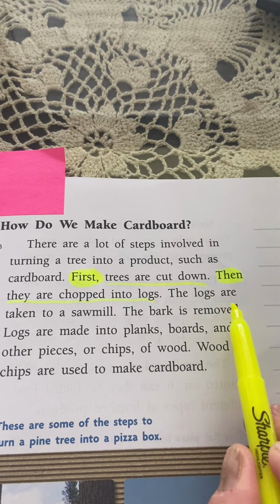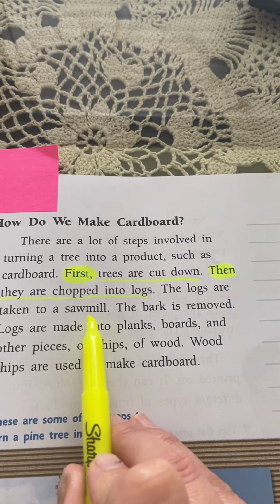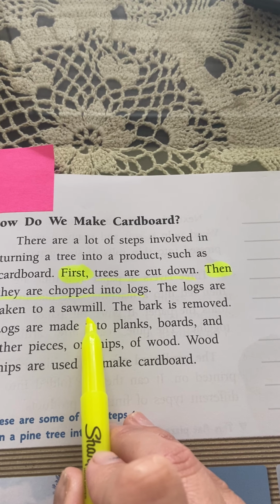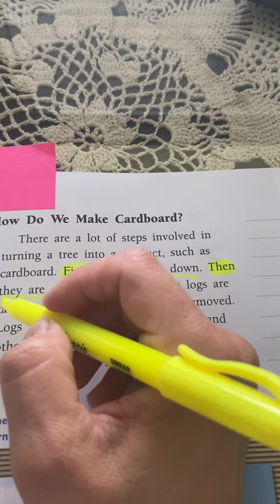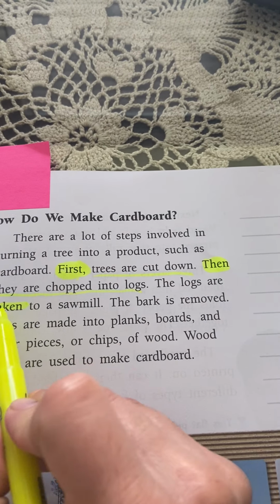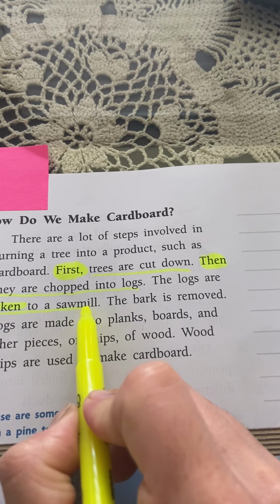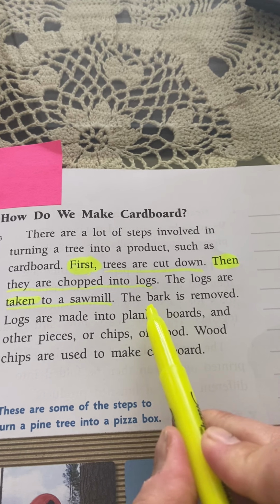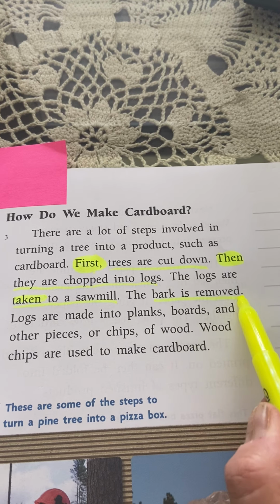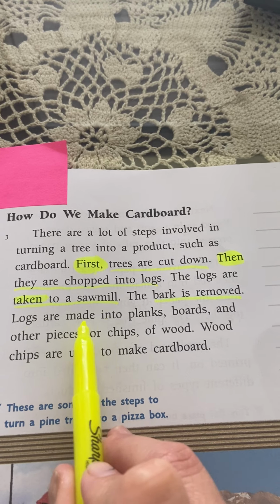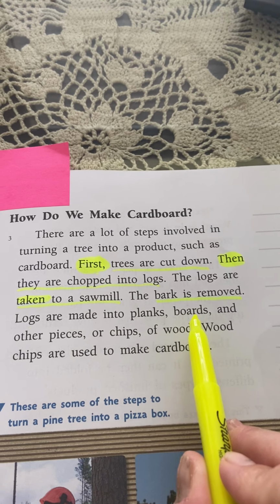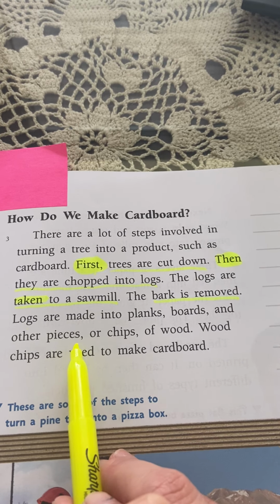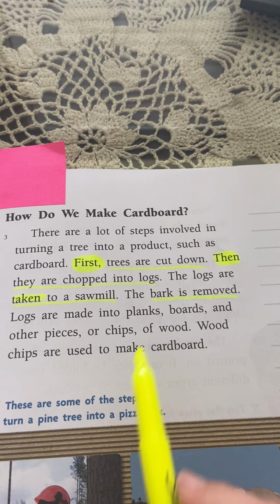The logs are taken to a sawmill. Okay? So then the logs are taken, I'm going to underline, not highlight. They're taken to a sawmill. The bark is removed. Logs are made into planks, boards, and other pieces or chips of wood.